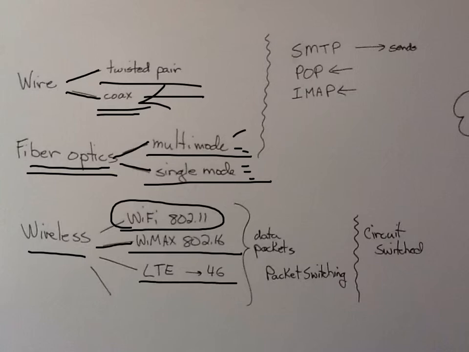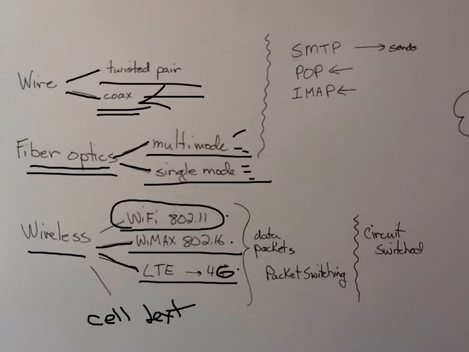We have LTE, 4G, long-term evolution, and it's important to understand these are all different. The same thing, if you're just using the cell feature, like you're sending a text, that's not going through any of those.